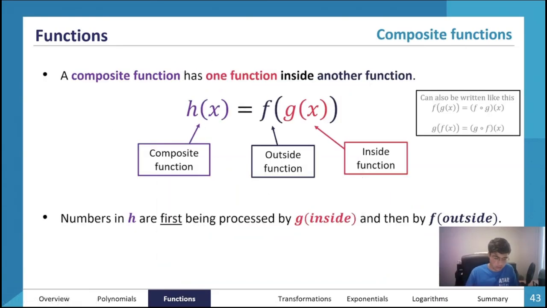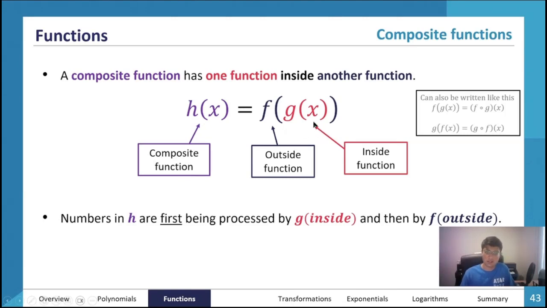Okay, moving on to composite functions. I personally hated this topic. It's a very confusing topic, but I'll try my best to simplify it for you here. A composite function has one function inside another function. We can see here h of x is equal to f of g of x.